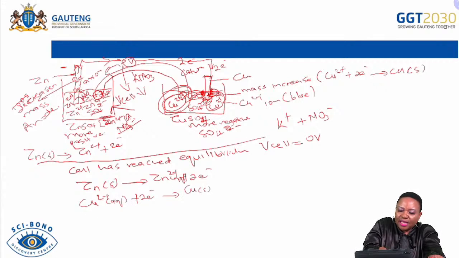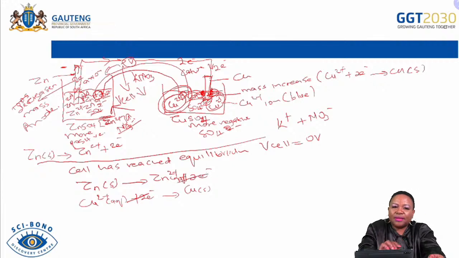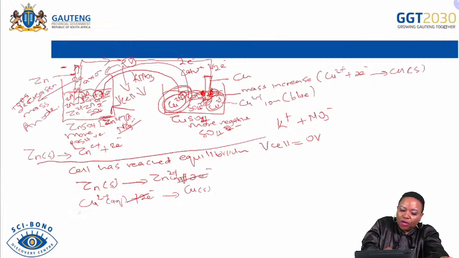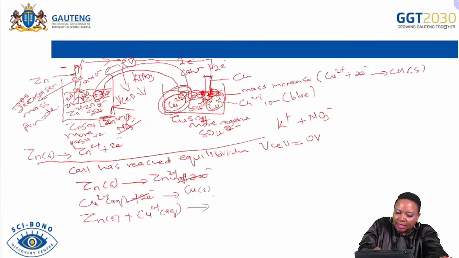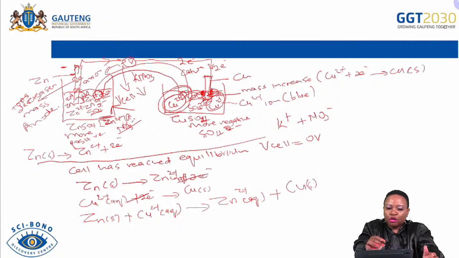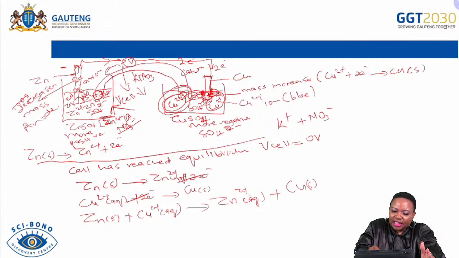So if we write the overall reaction, we find that Zn loses electrons, and those electrons are accepted by Cu2+ as our oxidizing agent. Zn, by losing electrons, forms Zn2+, and Cu2+, by gaining those electrons, forms what? Cu.